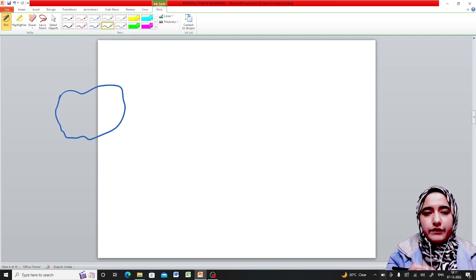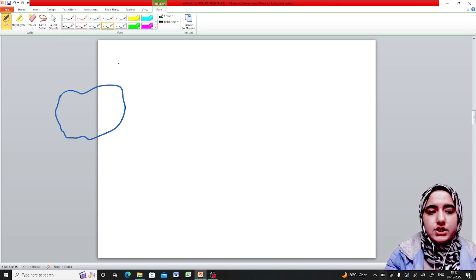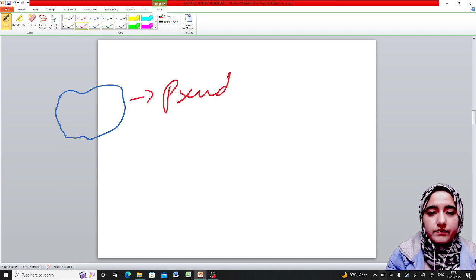Had there been favorable conditions, it would have gone through binary fission. Since there are no favorable conditions, it just secretes out pseudopodia and covering.